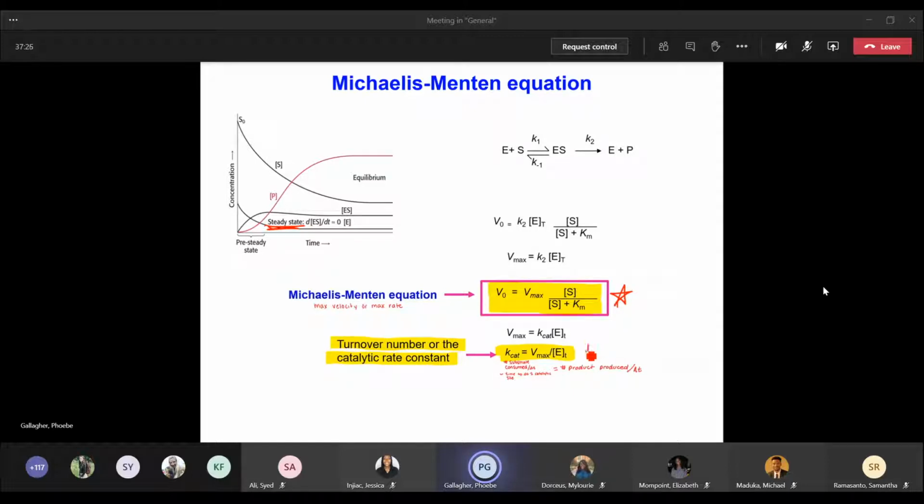So having a low Km, like we just talked about, means it has a high affinity, means that it likely has a better efficiency. Having a high Kcat means that it has a high turnover rate, so it can dish out product a lot better. And therefore, you know that you're going to have a high efficiency as well.